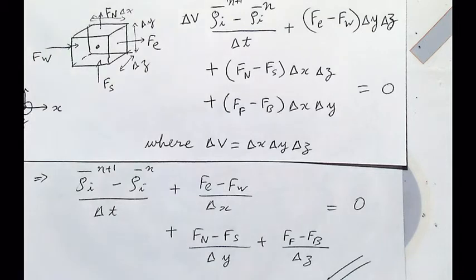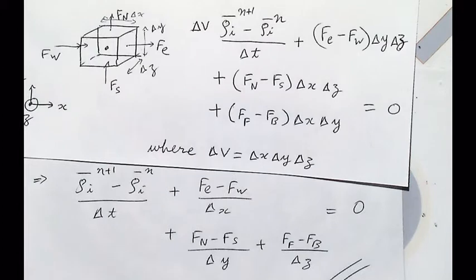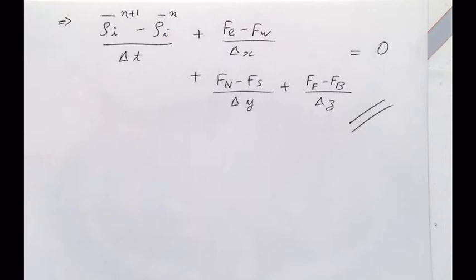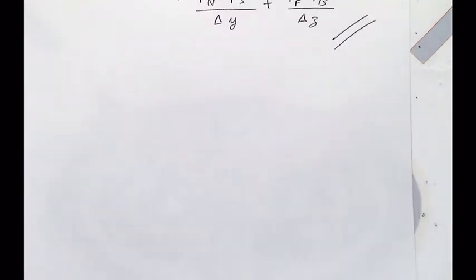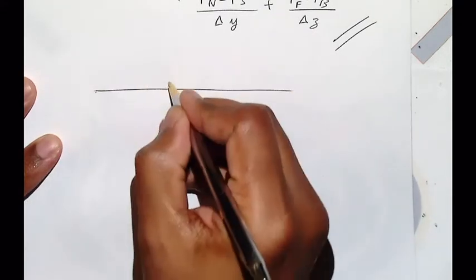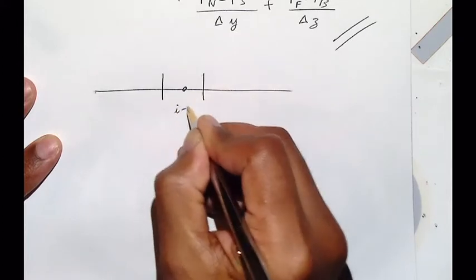Now, the biggest advantage of doing this is, does anybody know what's the biggest advantage of using finite volume methods? If we think about what happens when we look at cell number I minus 1, okay?